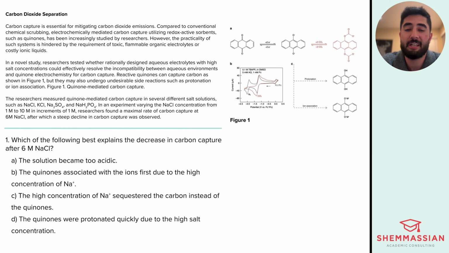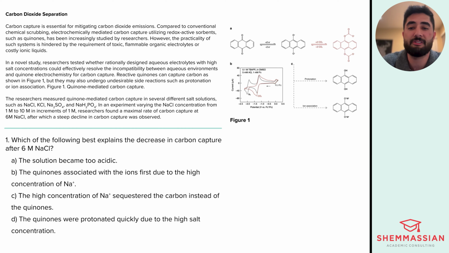Now, is it just having to do with the quinones associating with the ions first? Is it having to do with the concentration of sodium sequestering the carbon instead of the quinones? Or is it having to do with protonation happening quickly because of the high salt concentration? So what we did there is we found the similarities between those answer options, B, C, and D all having something in common, high salt concentration.